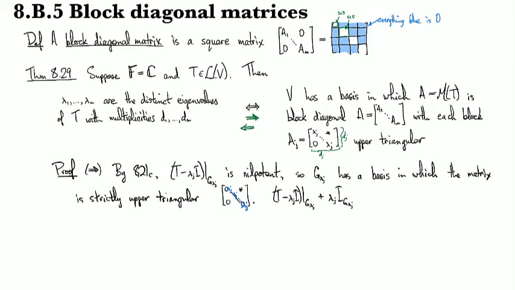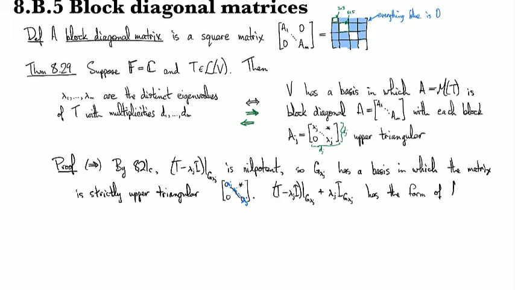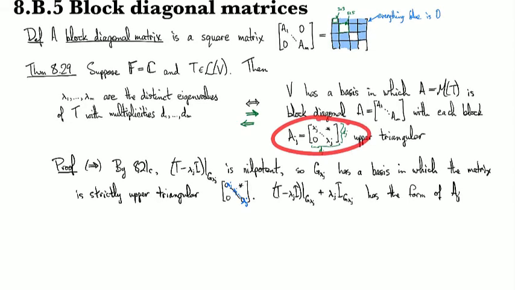So that means this one has the form of AJ as given in the statement.